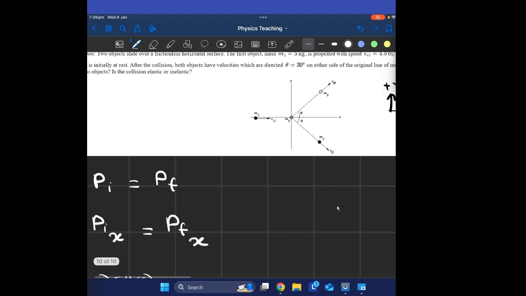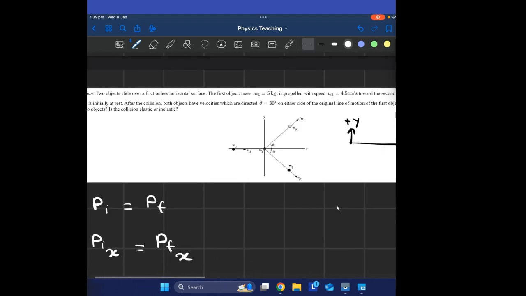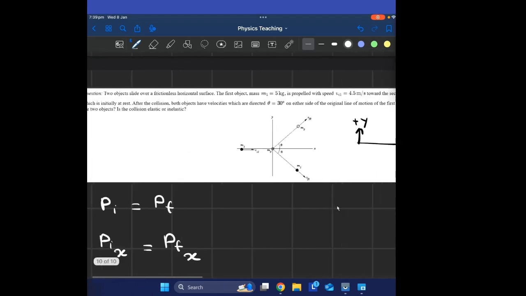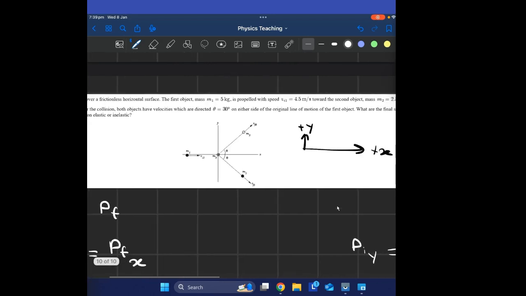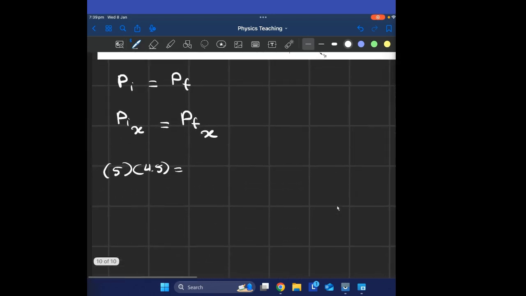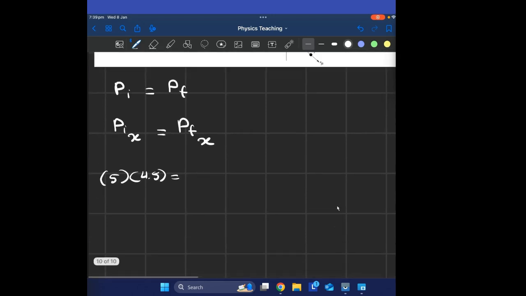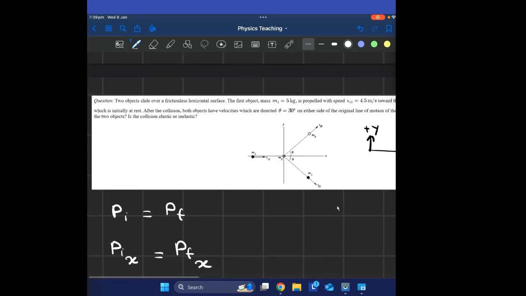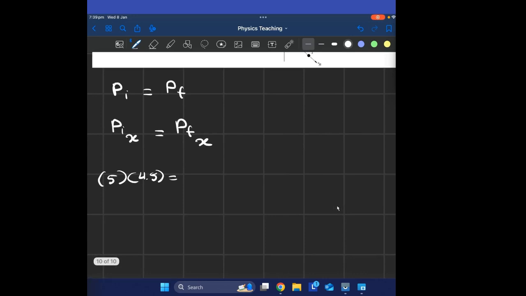Now we need to do p_fx. We actually don't know the final speeds of the two objects, but we can just use v1 and v2. For m1, it's going to go down, so it's going to be 5 because the mass is constant, times the velocity v1.